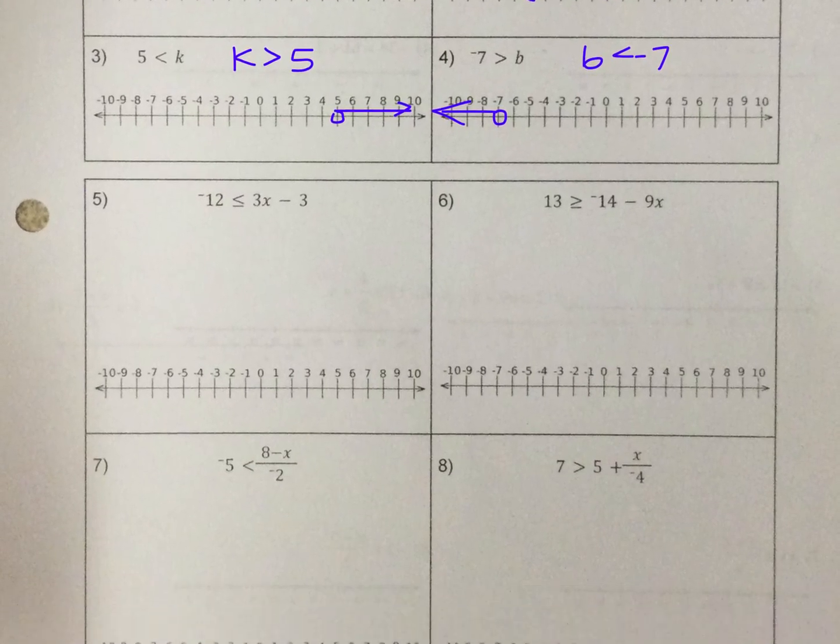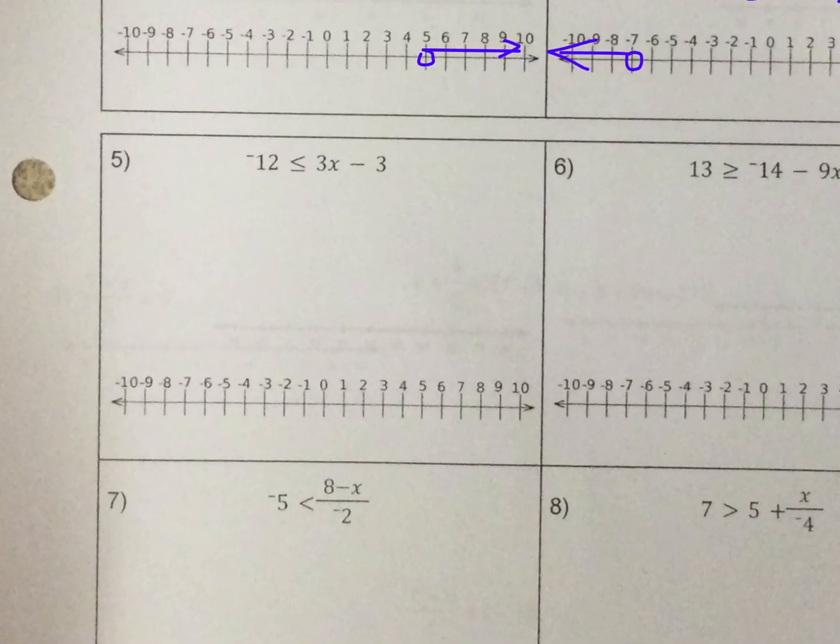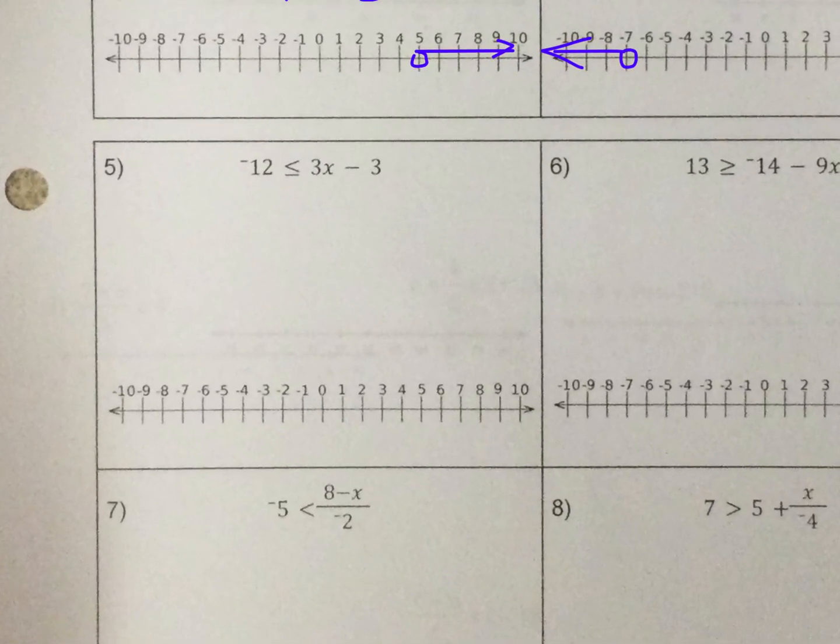Let's look at number 5. So, first we're just going to solve this how we know how to solve it because we're super smart. We're going to add 3 to both sides. -12 plus 3 is -9, less than or equal to 3x.